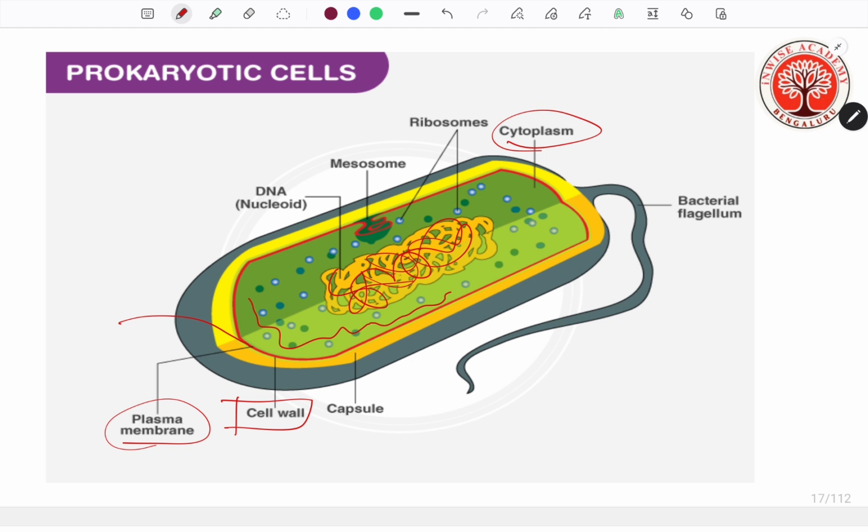Those foldings in prokaryotic cells we call mesosomes, and it has ribosomes. We know that 70S type ribosomes are present in prokaryotic cells, and it has a flagellum. Flagella help in movement.